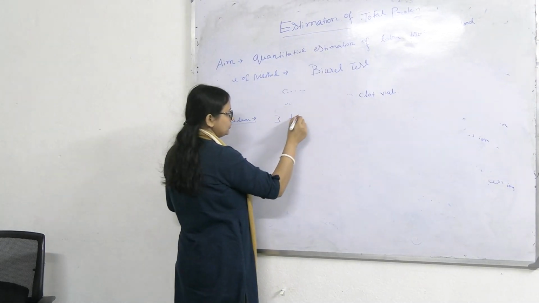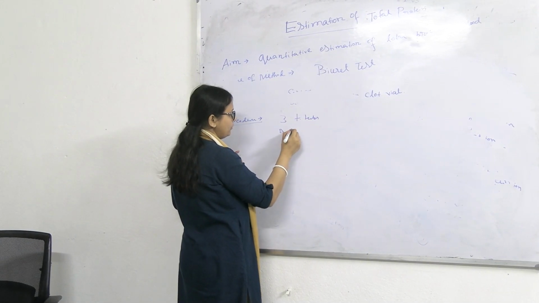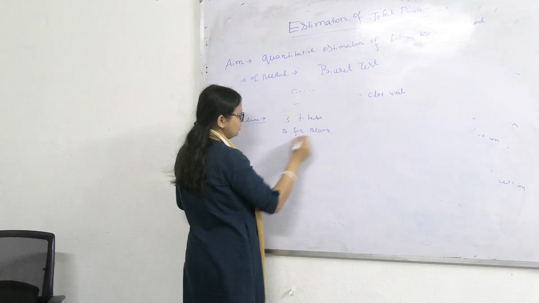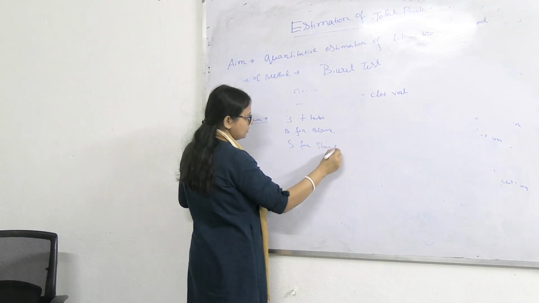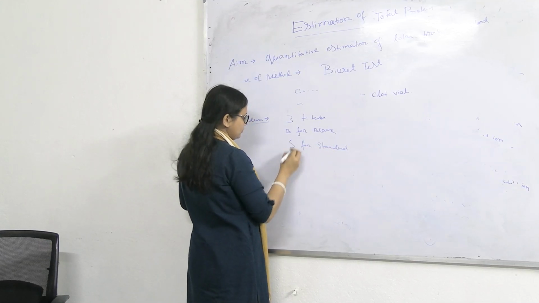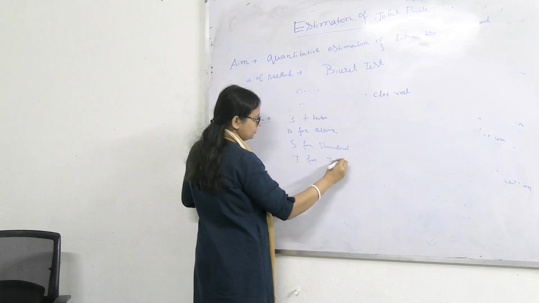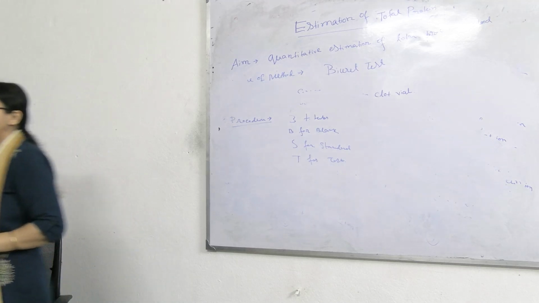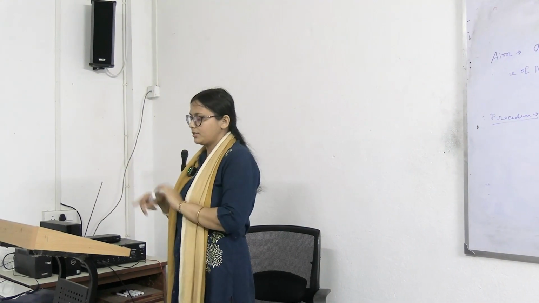So we mark them as B for blank, S for standard, and T for test. Then we have to take 1000 microliters of reagent in each of the 3 test tubes.